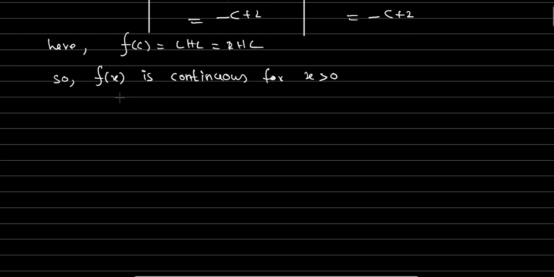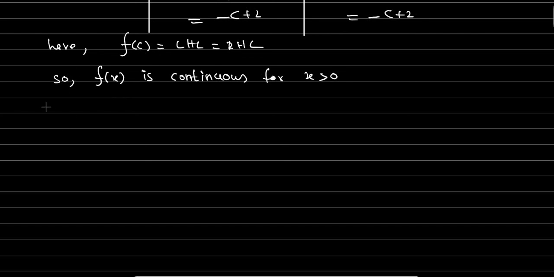We should not write "throughout the real line" here, because in the real line 0 is also included, but for 0 we didn't test, right? So other than 0, throughout the real line the function is continuous.